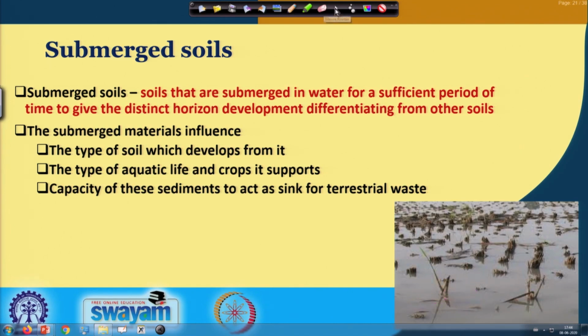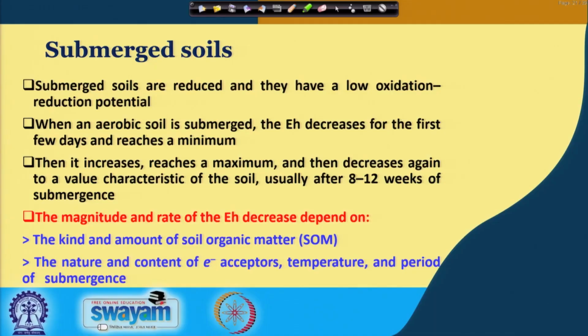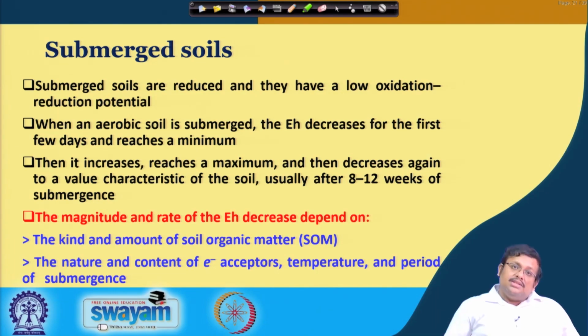Now, this is a typical example of a waterlogged soil where the EH value is always very low. Submerged soils are reduced and they have a low oxidation reduction potential, obviously because all the pore spaces are filled by water. So, there is no oxygen.